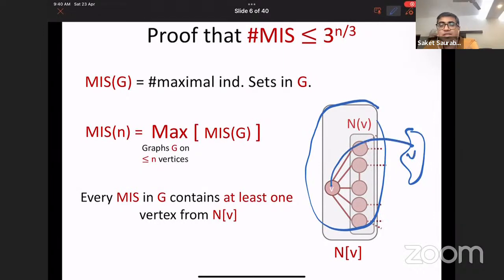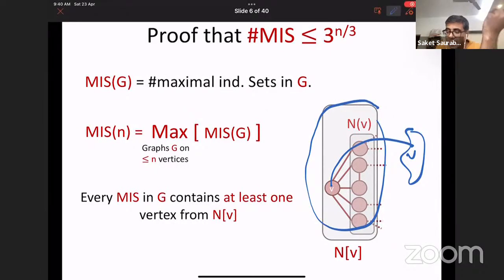You could add V to that set, still maintaining the property that it is independent, which means that every maximal independent set must contain at least one vertex from the closed neighborhood of vertex V. And it has nothing to do with one particular vertex, it is a property of any vertex, right?